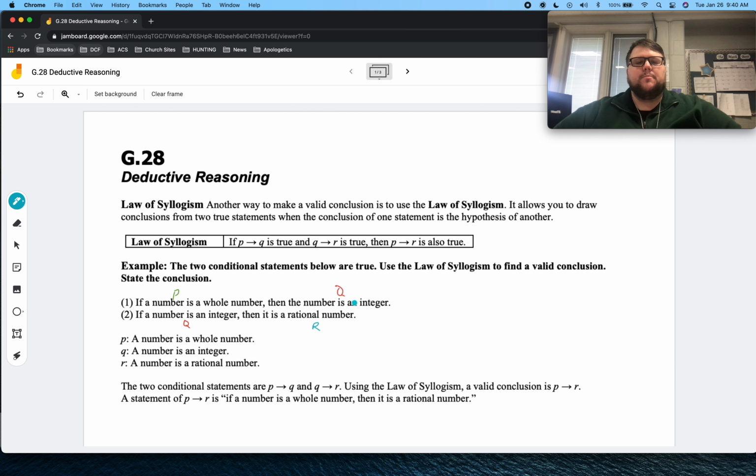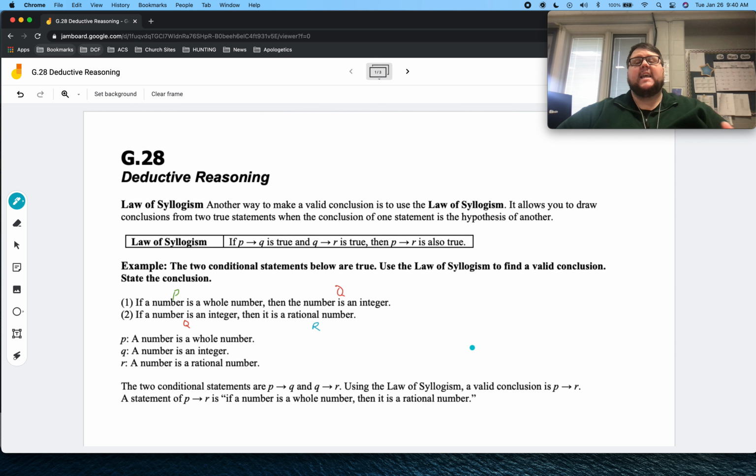So P implies Q: if a number is a whole number, then it's an integer. And if a number is an integer, Q implies R, then it's a rational number. So P is a number is a whole number. Q, a number is an integer. R, a number is a rational number.